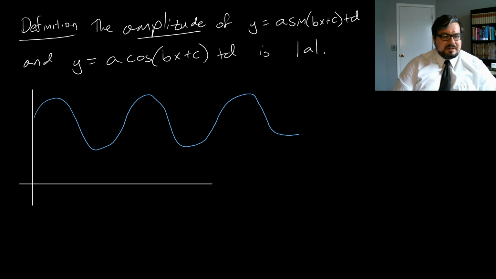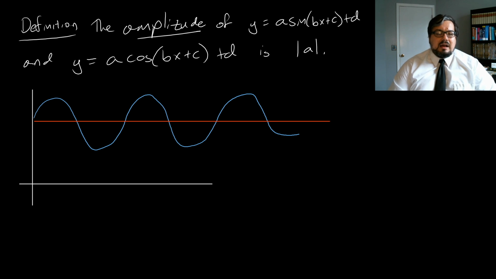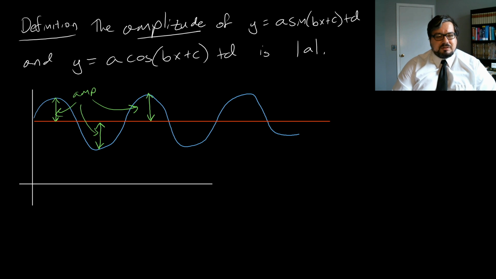It'll have some other center line here. In that case, the amplitude has nothing to do with the actual y values of the graph. The amplitude is still measuring the distance to the center line without making reference to the x-axis. So all these things are still the amplitude of the function.